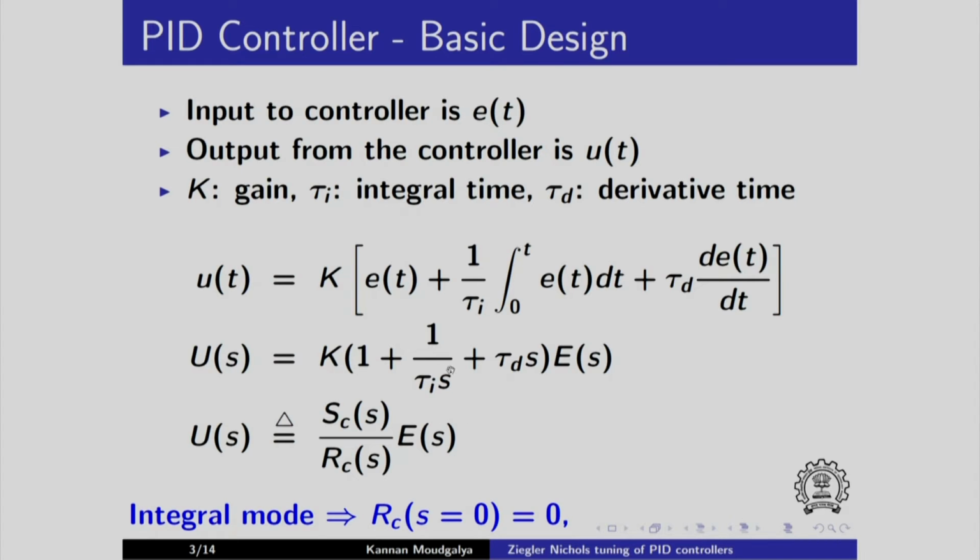Because we have integral mode here, when I substitute s equals 0, the denominator becomes 0. That is, RC of s equals 0 is 0, which is clear from here. We will also see that in the discrete time case, the condition will be RC of z equals 1 will be equal to 0. We will see this shortly.